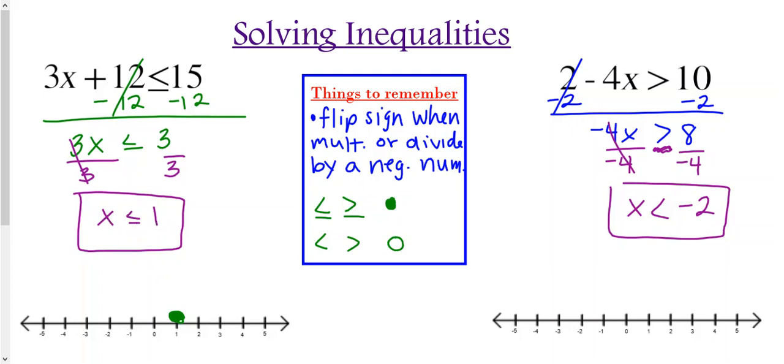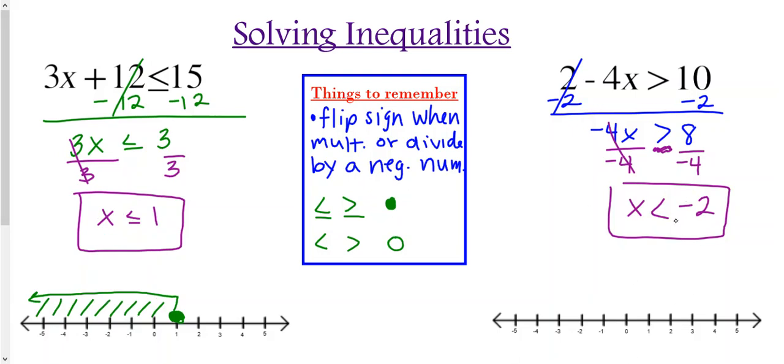So I need to draw an arrow to include all of those numbers. So I ask myself, is 0 less than 1? Yes. So I'm just going to draw an arrow, and I'll shade everything underneath. And that is how I graph. So that means anything in the shaded area can be a solution to this inequality problem.